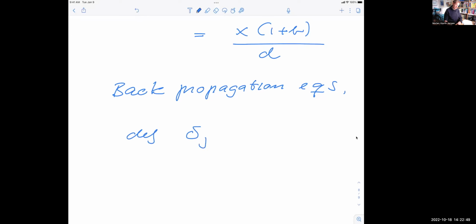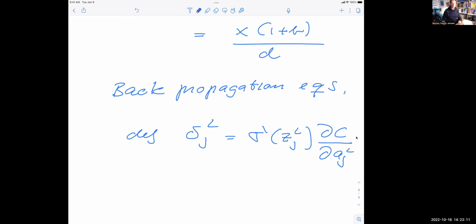So we took delta j in layer L, this is the final layer, which was given by the derivative of the activation function in this final layer, which had as input this z j of L. And this is multiplied with the derivative of the cost function with respect to the output in the final layer.